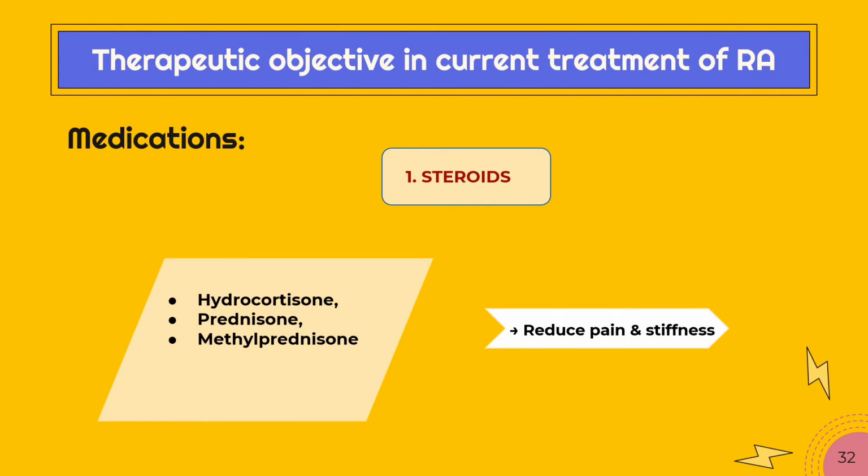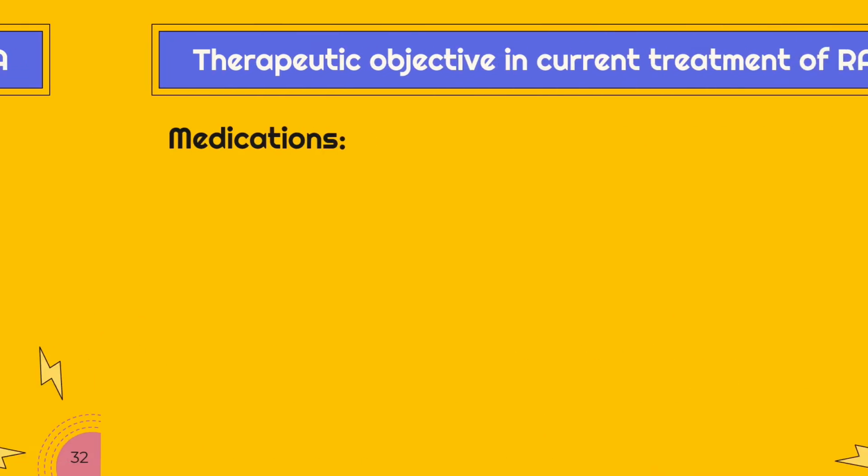Treatment by medications depends on the doctor's prescription, according to the severity and duration of the patient's rheumatoid arthritis. First, steroids. Examples are hydrocortisone, prednisone, and methylprednisolone. These will reduce pain and stiffness in the patient.